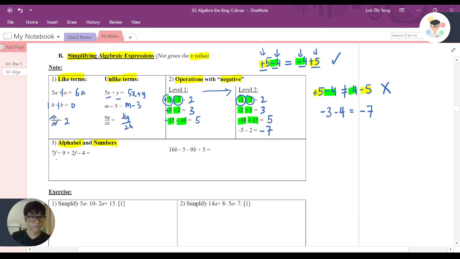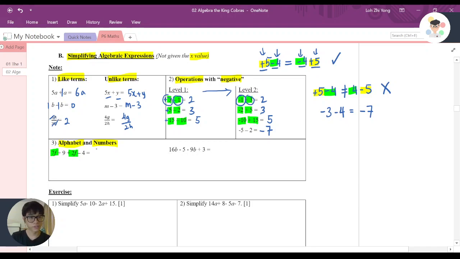So for example here, 7f plus 9 plus 2f minus 4. Now first let me ask you, 7f plus 9, is it possible? We know that it's unlike terms, right? You can't add together. But we know that this 7f and this 2f, actually we can add together because they are like terms, right?